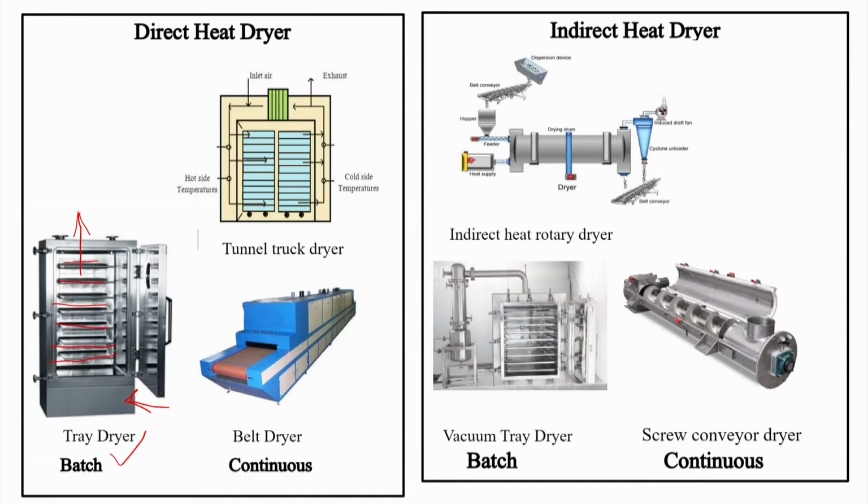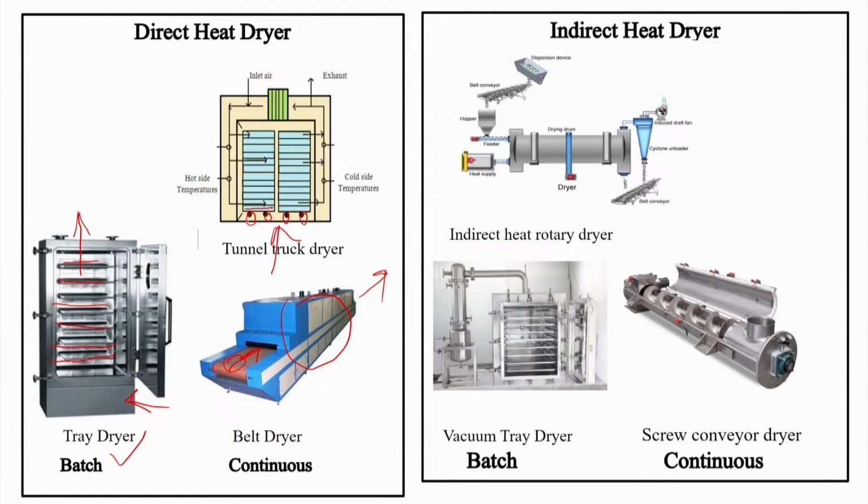A belt dryer has a hot chamber, and the belt rotates in this direction. The wet solid enters along with the belt, and from the other side the dried product is taken out. In the tunnel track dryer, there are many different rails, and different dryers enter along the rails.